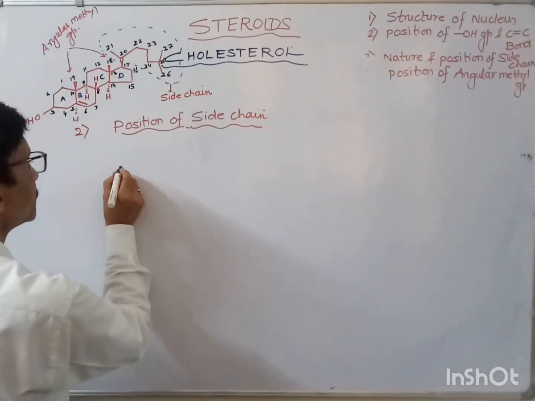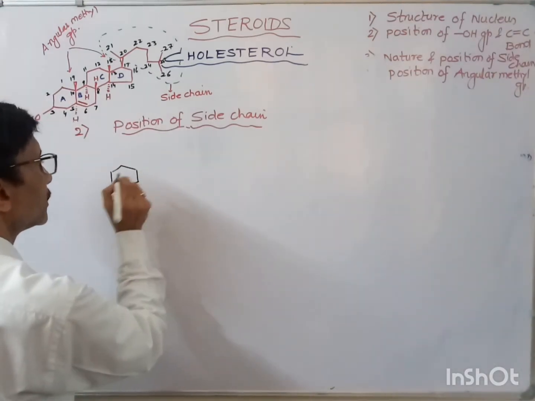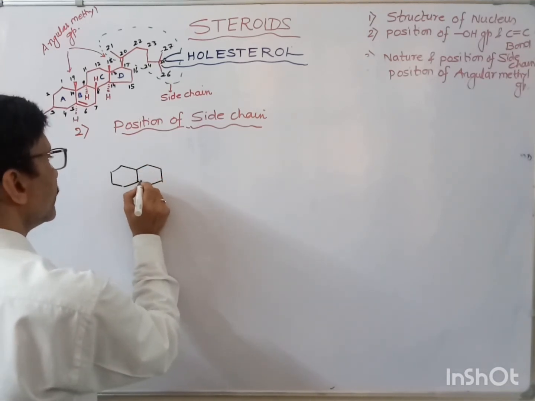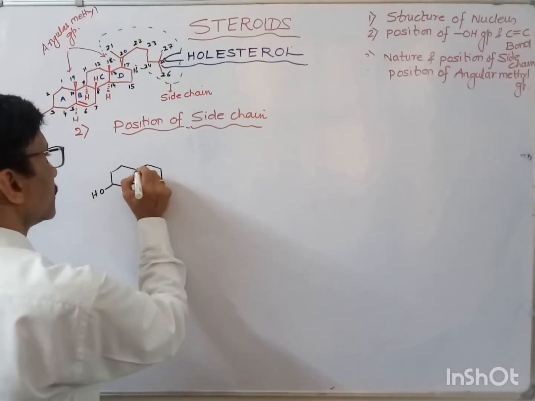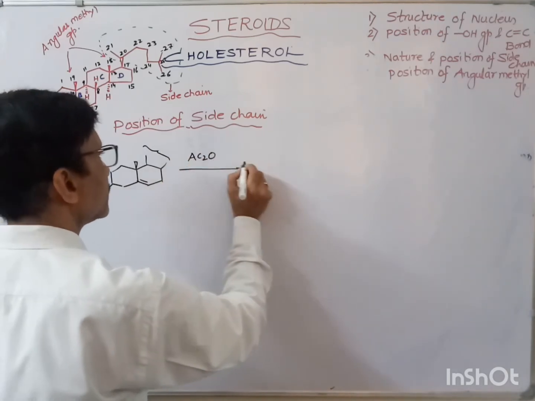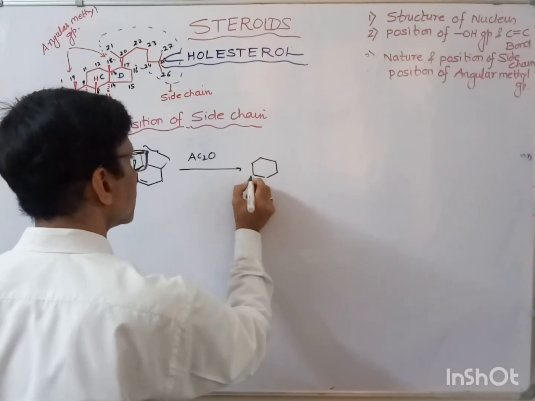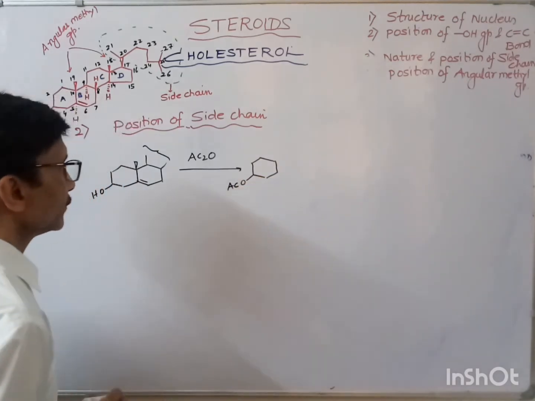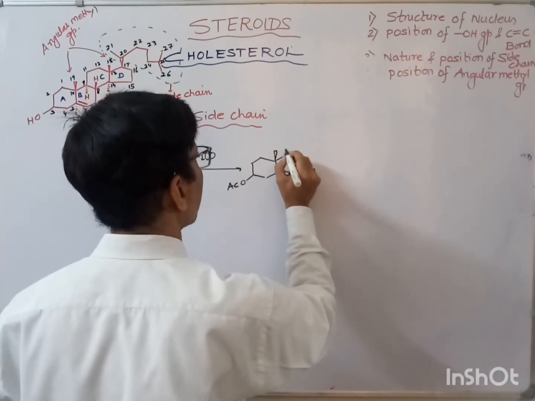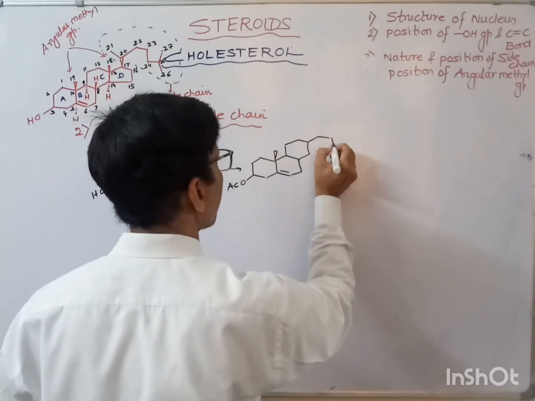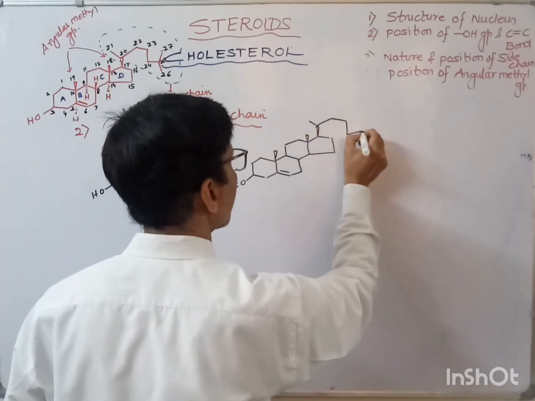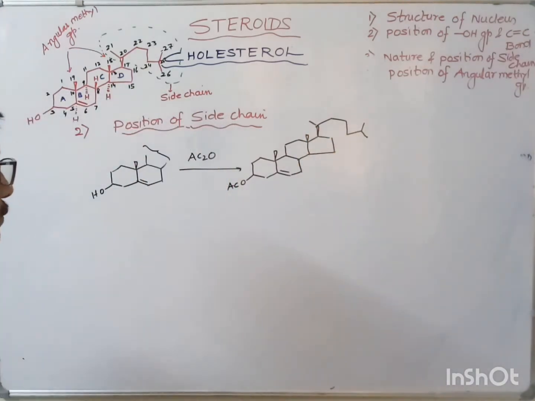If we take this reaction where cholesterol is first treated with acetic anhydride, after its treatment it will give OAc over here, so this was obtained.